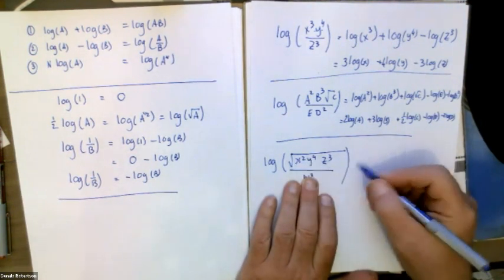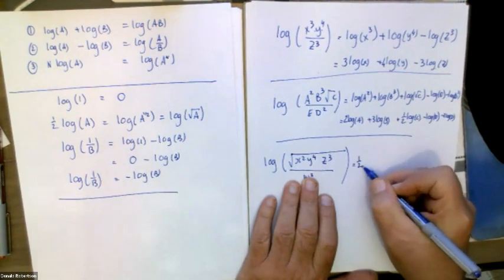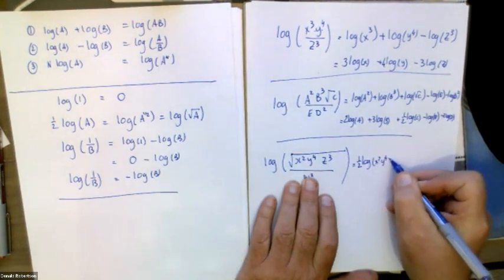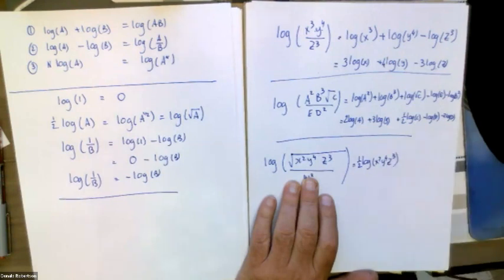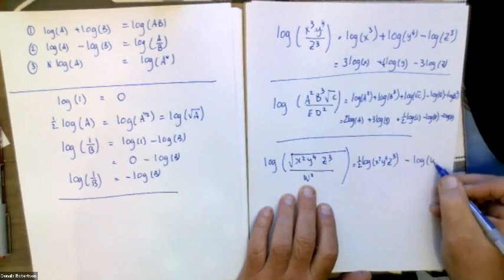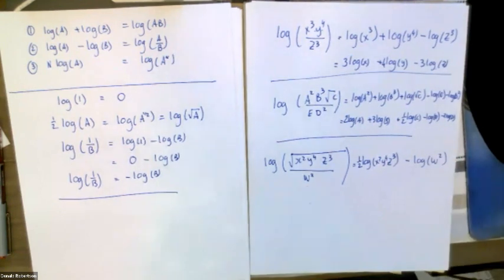So I'm looking at this, and the first thing I'm going to do is just call it a half of the log of all the pieces that are inside the square root. That's all I'm going to do. Take away, because it's being divided, the log of the bottom. That's good.